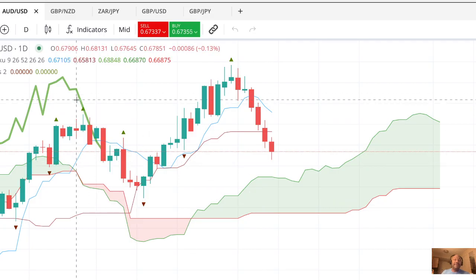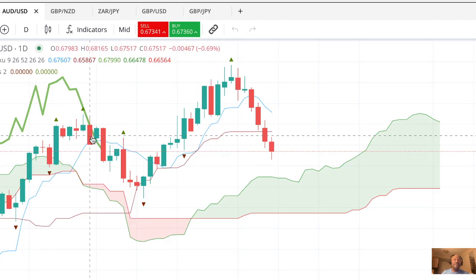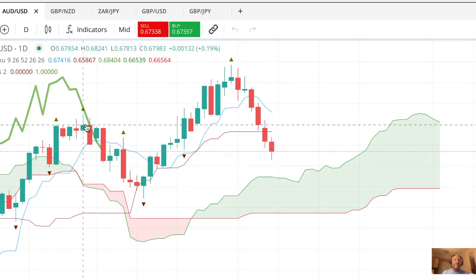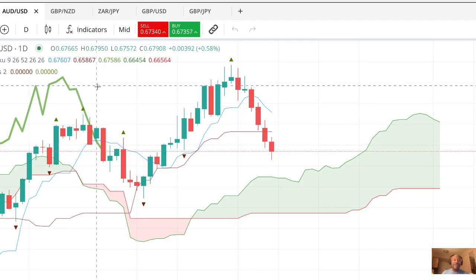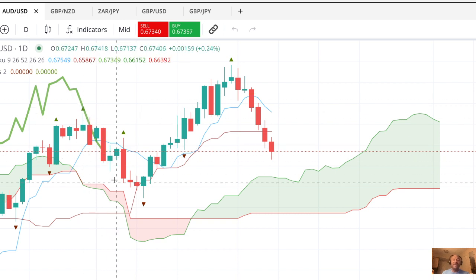You can see the 26-week lagging span here is within the price action. So that means more than likely the direction has changed and it will continue downward. The direction changed from going upward, where the dollar was weakening, to going downward, where the dollar is getting stronger.